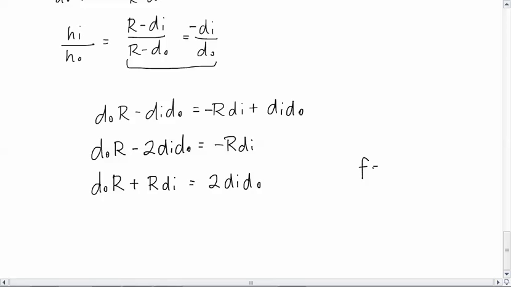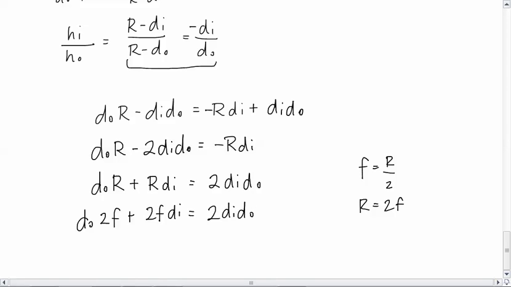But if F is equal to R over 2, then R is equal to 2F. So DO 2F plus 2F DI is equal to 2 DIDO. Divide by 2 on both sides, and then we'll have DOF plus FDI equals DIDO.